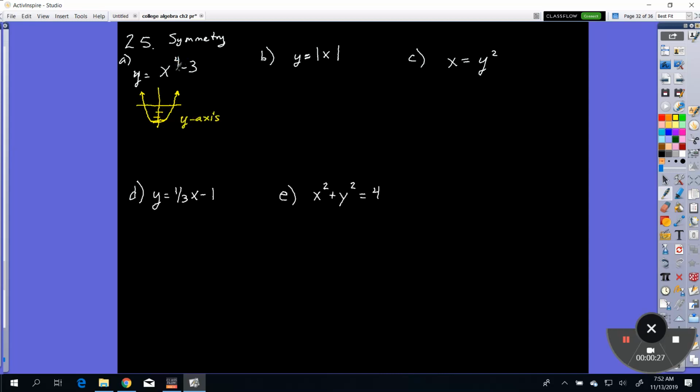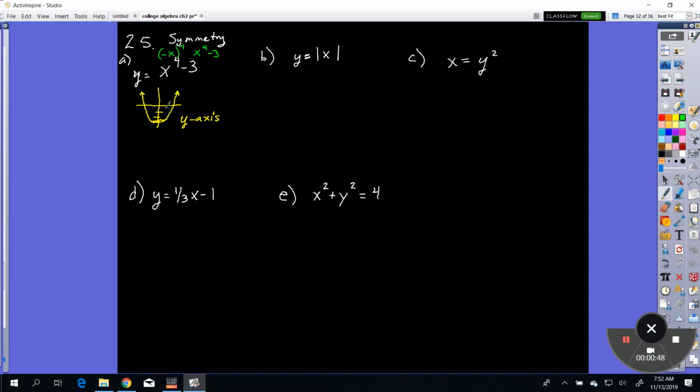Okay. Another way to test this algebraically is if I were to plug a negative x in here for x, and I put it to the 4th power, that makes it come out as x to the 4th, which is exactly the same as what I started with. So a negative x gives you the same thing that a positive x gives you.